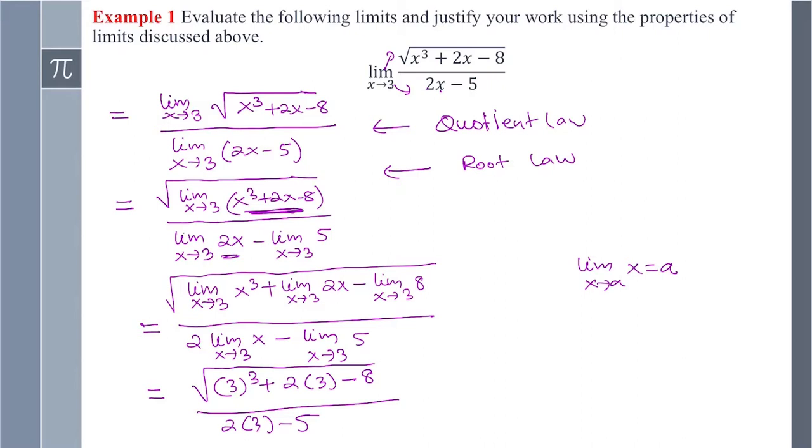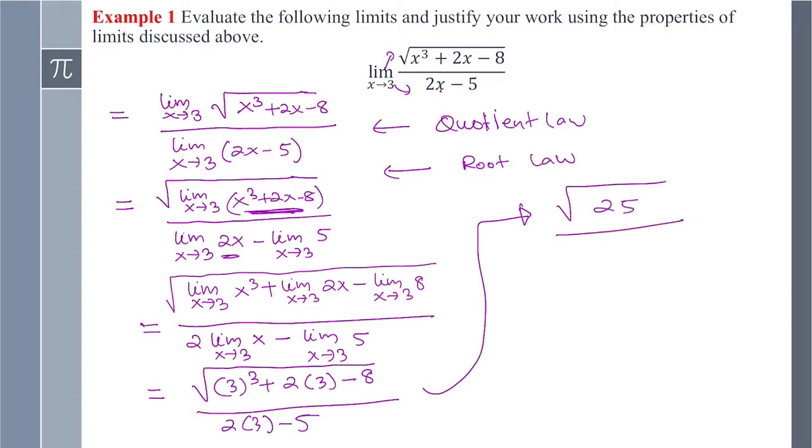Now let's go ahead and write it right here. So this is a square root of, 3 cubed is 27, plus 2 times 3 is 6, 27 plus 6 minus 8, so the whole thing is 25, divided by, the bottom one is 6 minus 5, which is 1, and that gives us 5.